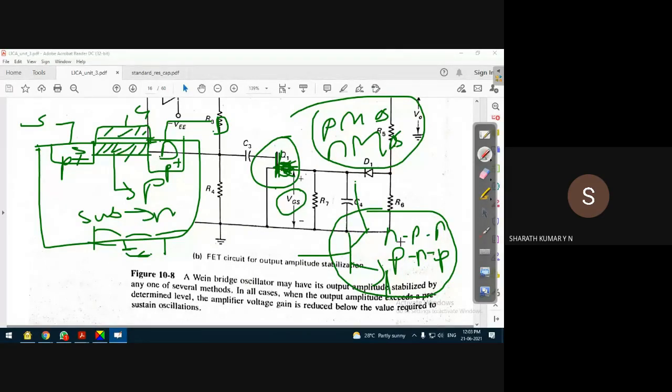Similarly for a bipolar transistor, if the arrow is towards the base terminal, it is a PNP transistor; if the arrow is away, it is an NPN transistor, because this arrow indicates the N region.